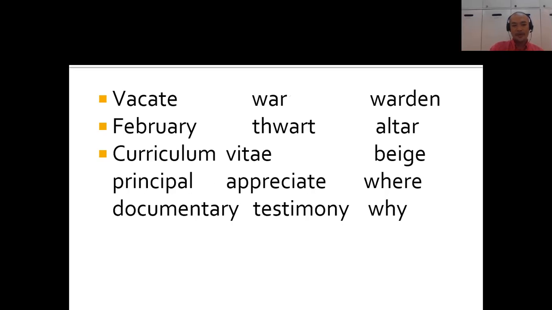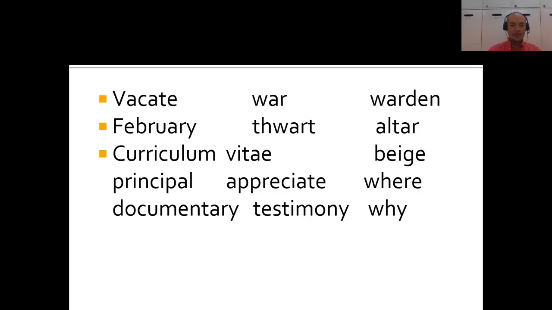And we have February. We have two acceptable forms: February or with the R, February. It's always with the R. Then we have the CV, curriculum vitae or vitae. I myself was surprised to find that out in the dictionary.